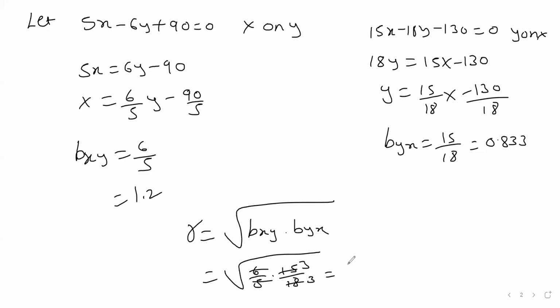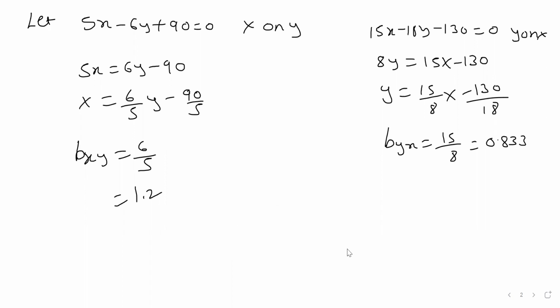Now the only case is about r. r should be between plus and minus 1. So bxy into byx, 6/5 into 15/8. Sorry, it's 8, it's not 18. That's why I got it wrong. So 15/8 is 1.875. This is minus 8y, so byx comes to be 1.875.